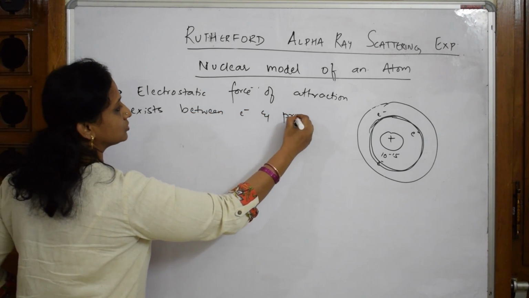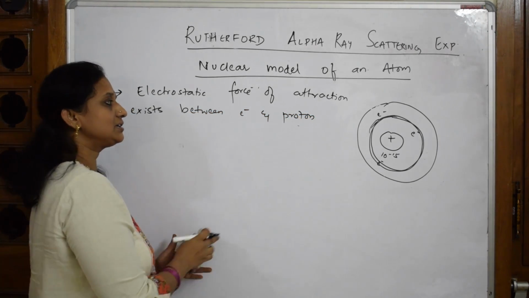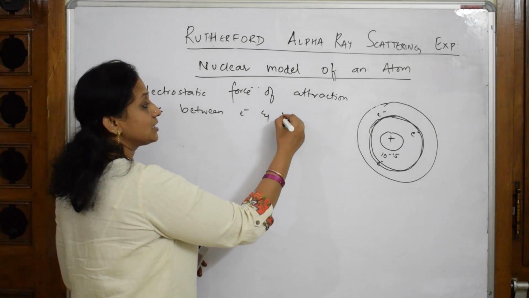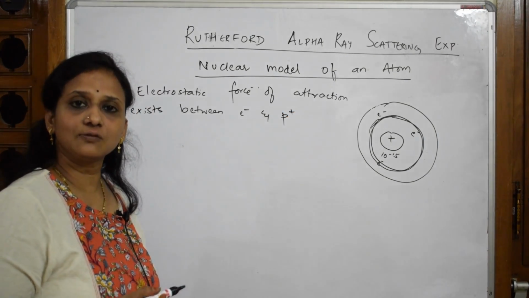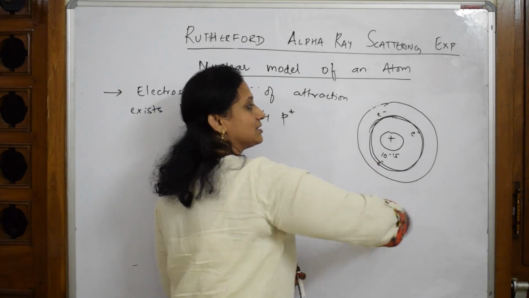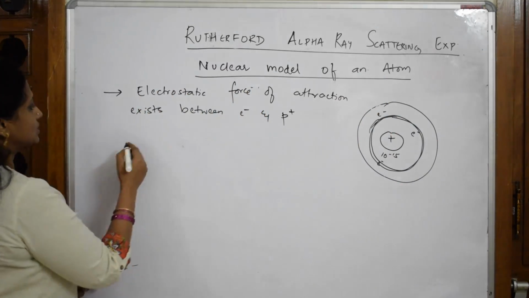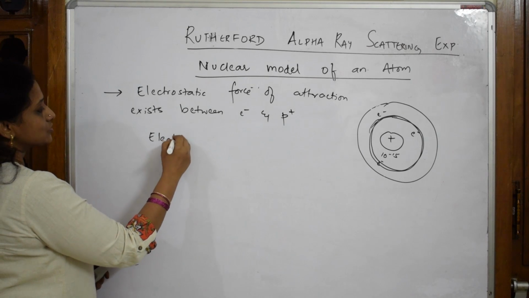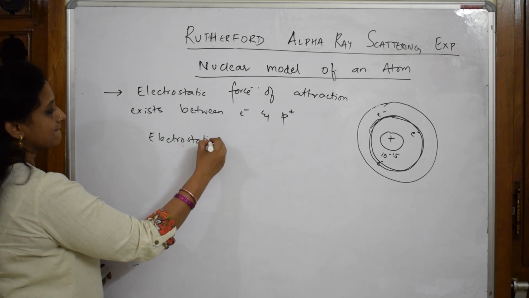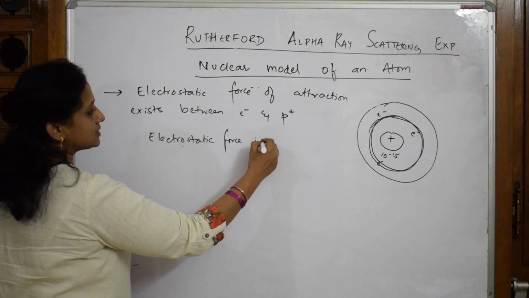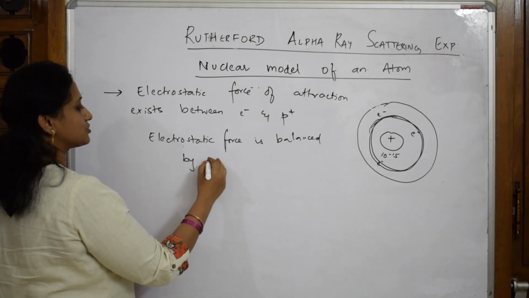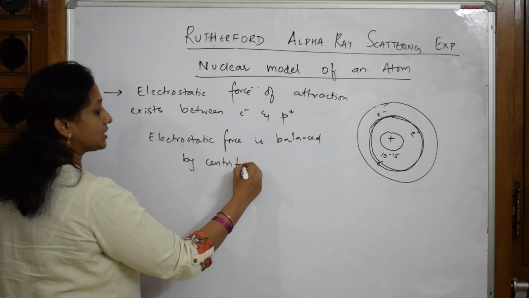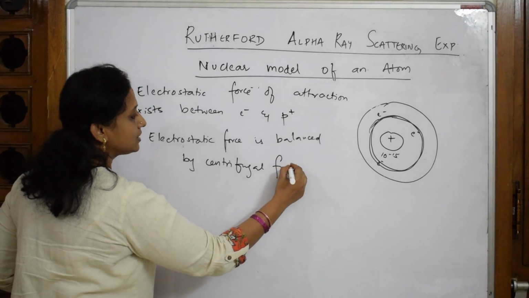I have written E minus here; let me write protons as E plus. Now, along with this electrostatic force of attraction, there's also a certain amount of centrifugal force acting outward in this direction. So you can conclude that the electrostatic force is balanced by the centrifugal force. You can write this word.